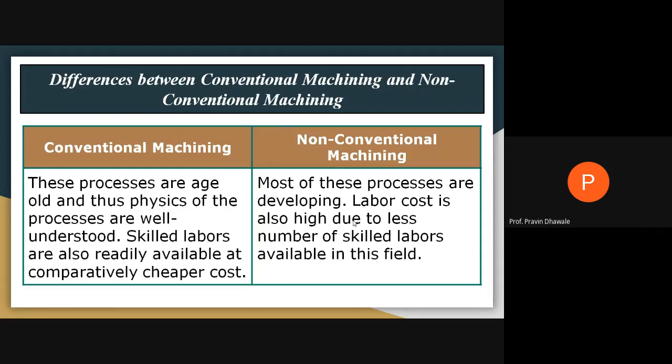non-conventional machining processes, because they utilize different forms of energy to remove the material from the workpiece. If we consider plasma arc machining, we are only just learning today what this process is, right?